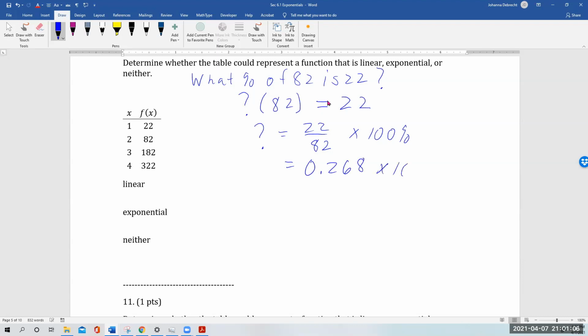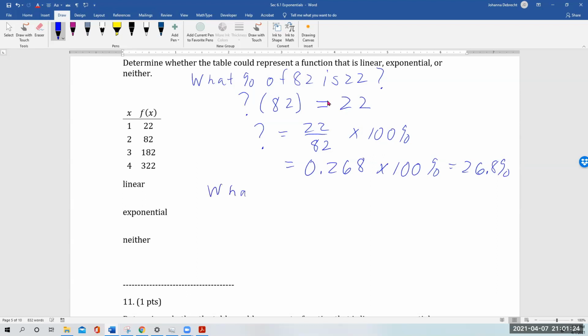We multiply that by 100% to get a change of 26.8%. In order for this to be exponential, every pair of numbers has to go up by exactly the same amount. Let's find the next one.